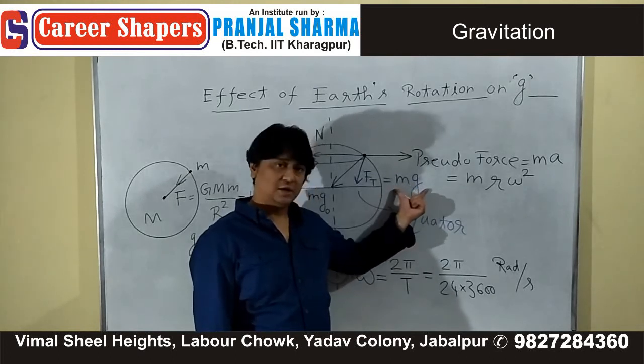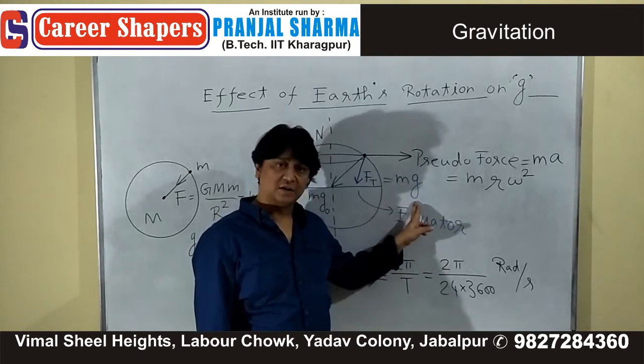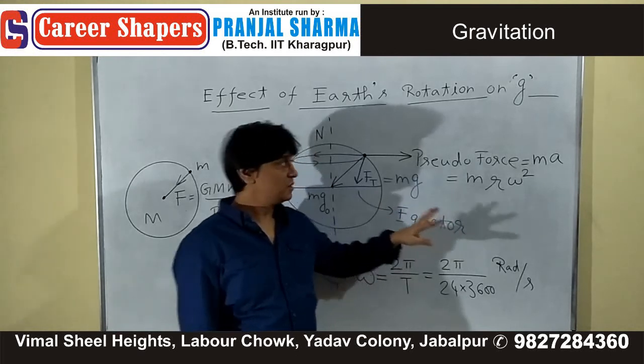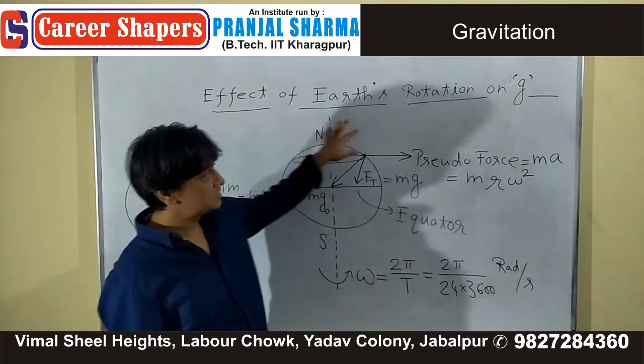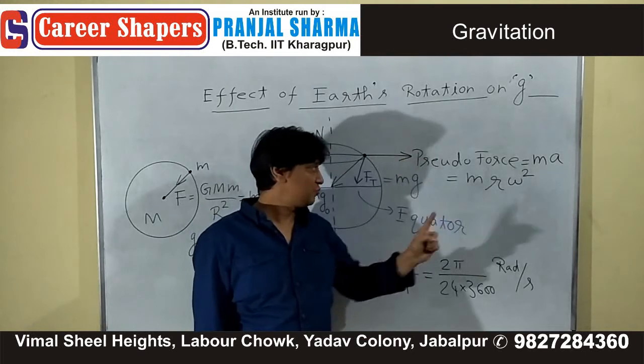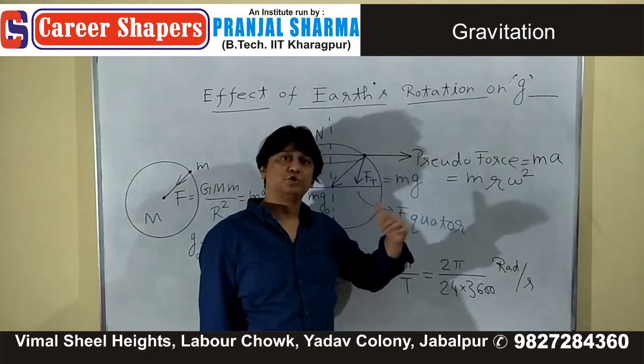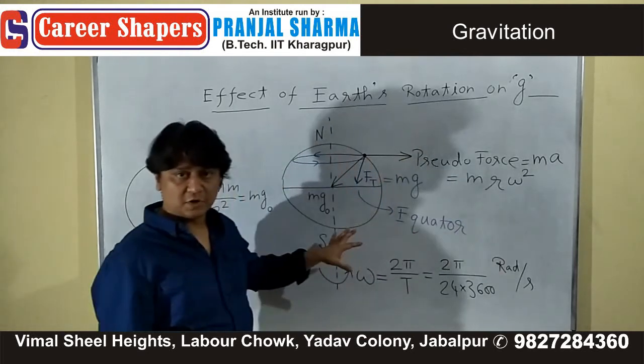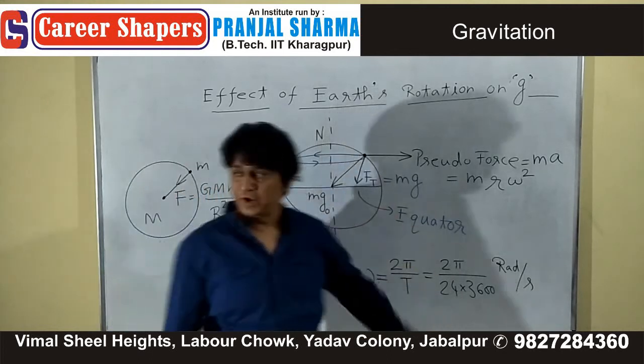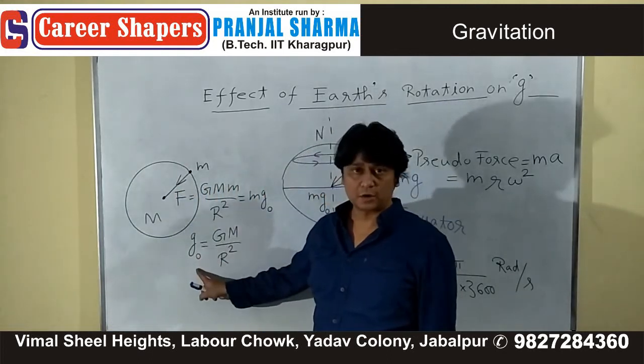This mg is g effective, which we are interested in. So when I say effect of Earth's rotation on g, we are interested in the actual g which you feel. If you stop Earth from rotating, you will feel g naught.